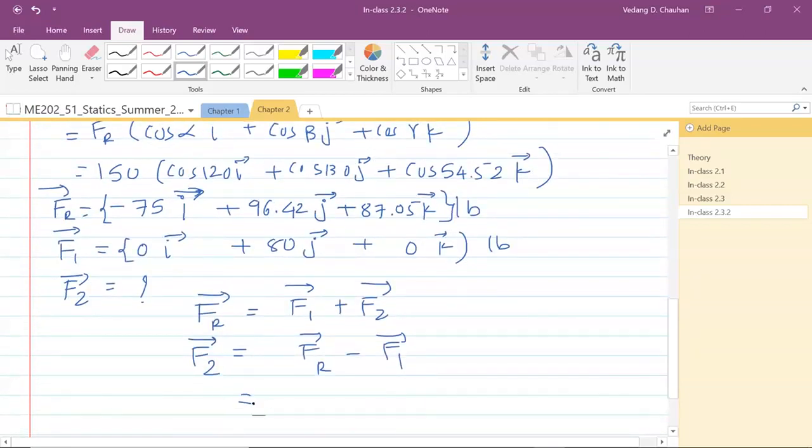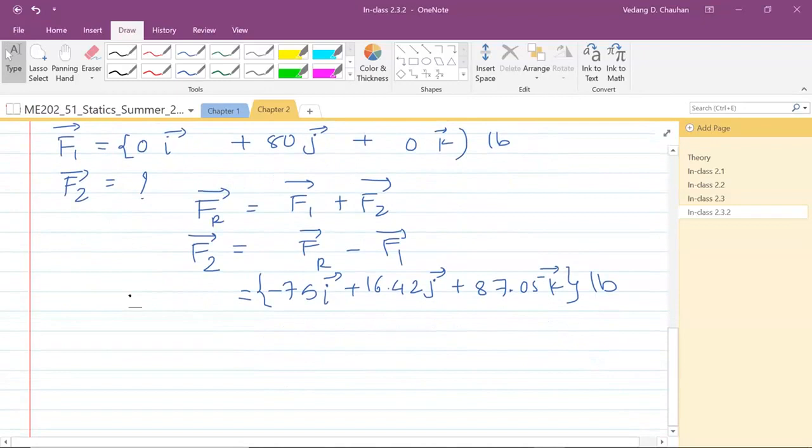So the resultant force F2 is then minus 75 i. Then it is 96.42 minus 80 because we have a negative sign here, so that will be 16.42 j, and the third one is 87.05 k pounds.